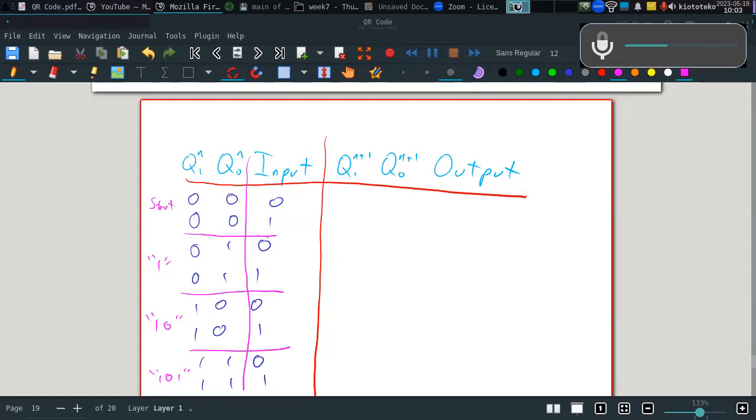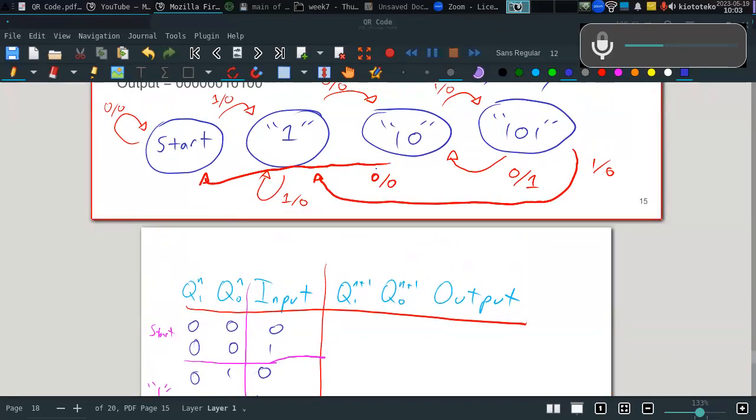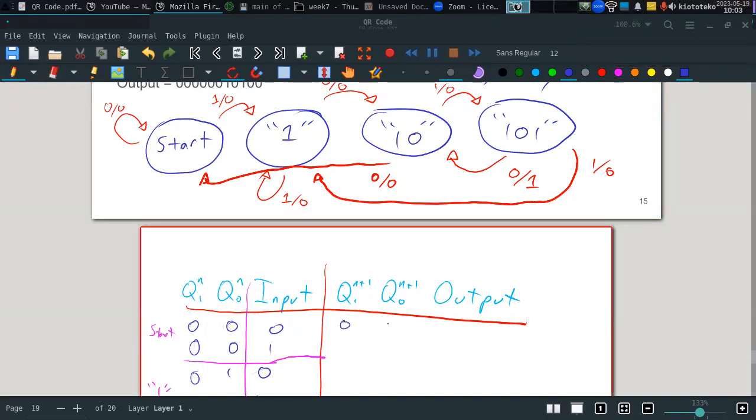And based on the input we get on this state, we should go to another state. So based on our diagram here, let's start filling out this table. If you're in the starting state and you get an input 0, well, you are still in the starting state and you output a 0.